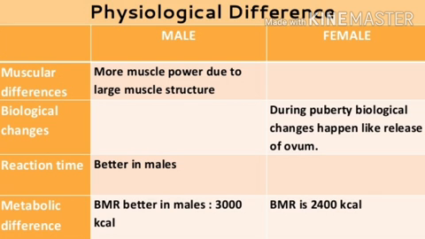Now we will talk about the muscular system. First are muscular differences. Males have more muscular power due to large muscle structure, and females have less muscular power due to narrow muscle structure. Next are biological changes. During puberty, biological changes happen, like the release of ovum in females. Now reaction time.